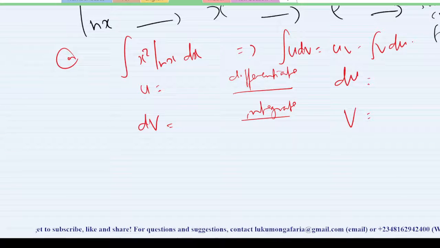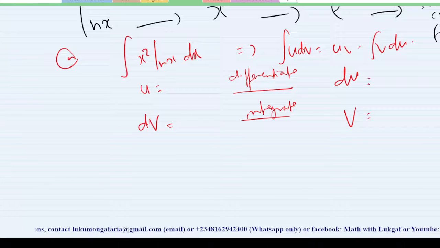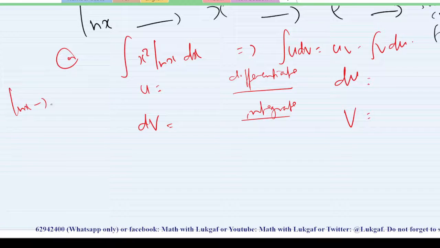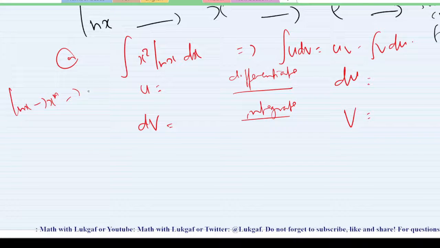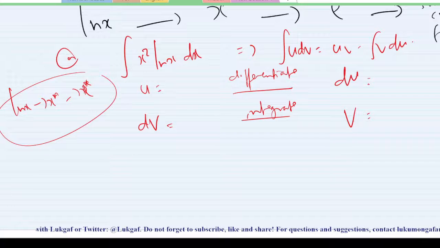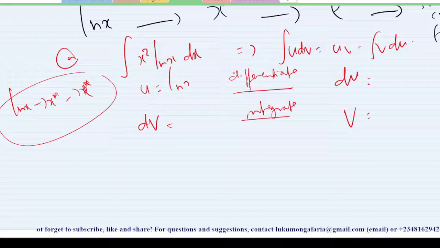So when you have to consider your u, you are going to check whether you have ln x there. If you don't have ln x, you check x raised power something before e raised power x. But if you check here, you will notice that we have ln x there, then your u will be ln x.